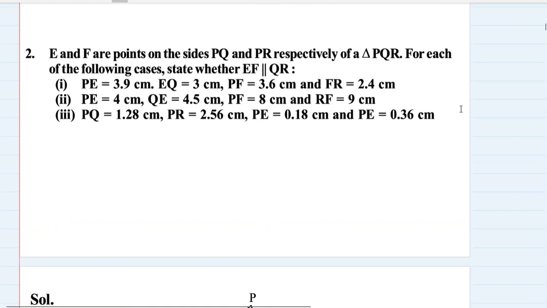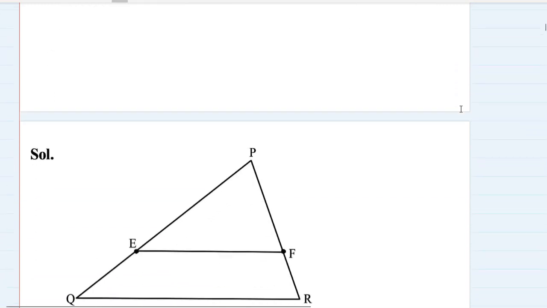In the first case, PE is 3.9 centimeter. I'm going to write every case on the same figure and try to find out whether line EF is parallel to QR or not.